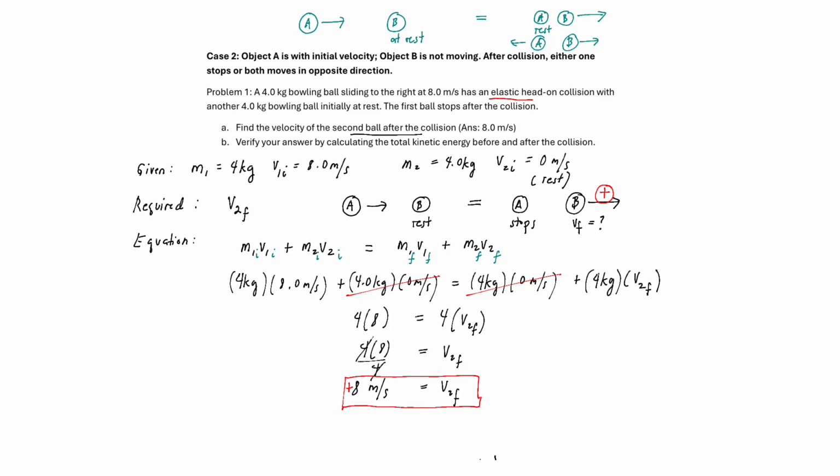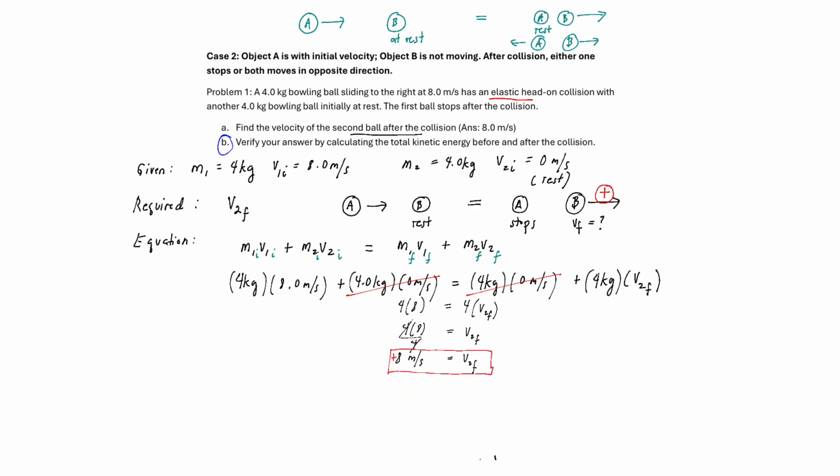For the letter B equation, this one is just a proving method. Take note that for the kinetic energy of both, we just have to prove it.